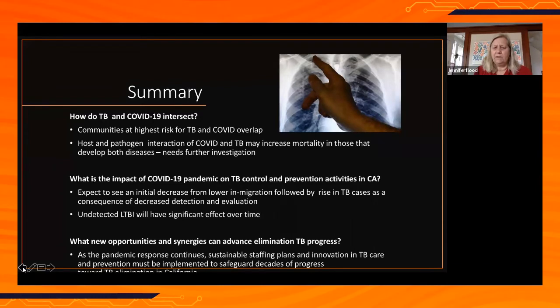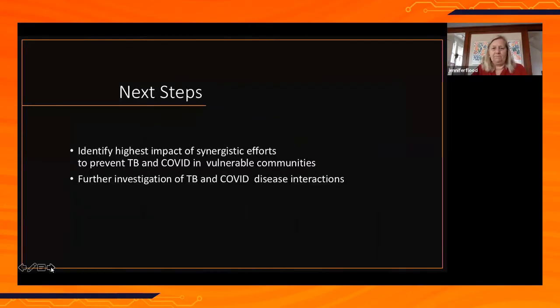As the pandemic response continues, we really all need sustainable staffing plans, and the same innovations that are being used for COVID, we need those innovations for TB care and prevention to really safeguard these decades of progress that we've made with TB and our step towards ending TB.